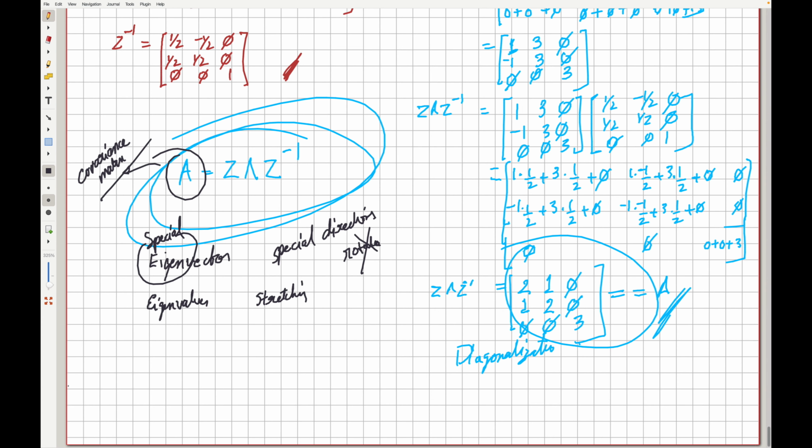And in all of this, the relation Z inverse A Z is equal to lambda, or the other way around, right here, this is sort of the heart of diagonalization. And if you think about the wind analogy again, eigenvectors are the wind aligned orientations of your paper plane.